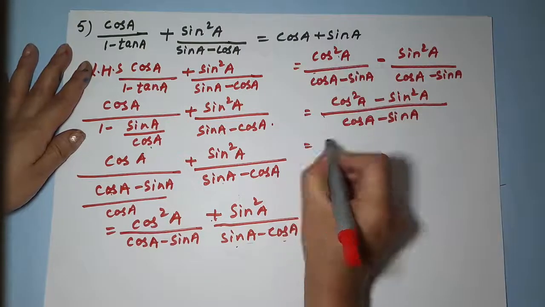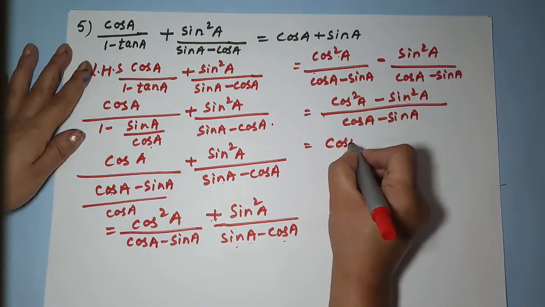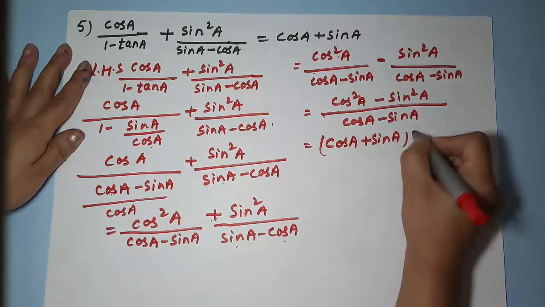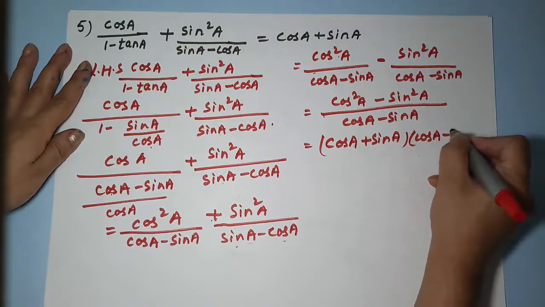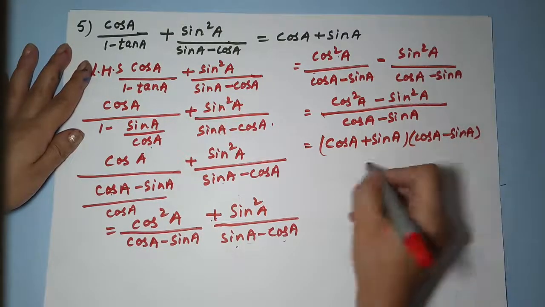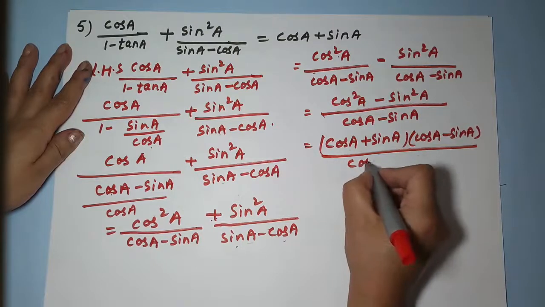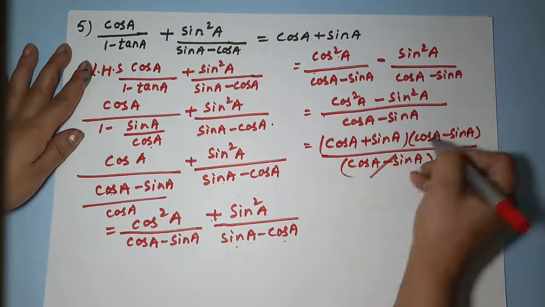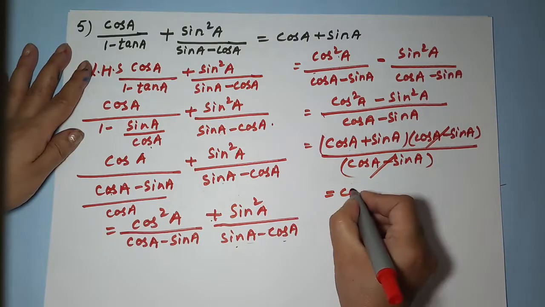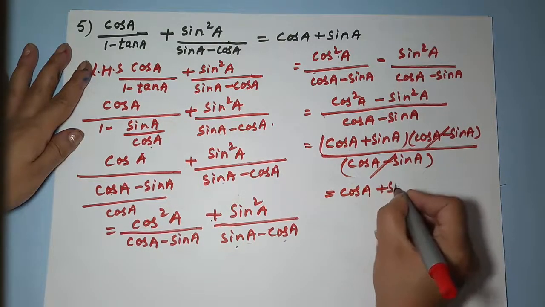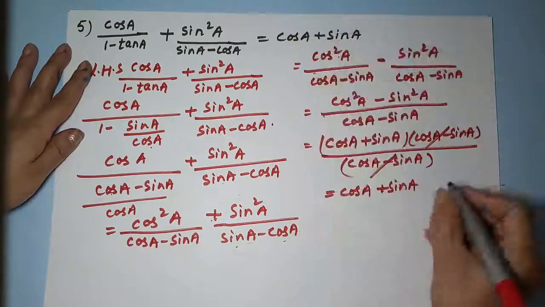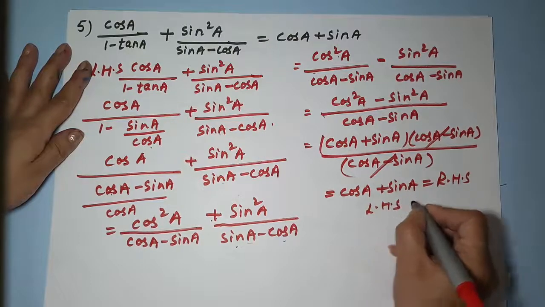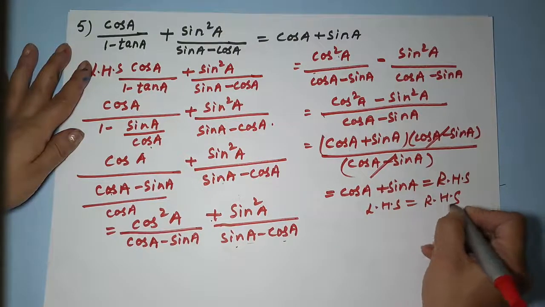This I will further split as cos A plus sine A and cos A minus sine A, that is A plus B into A minus B, divided by cos A minus sine A. Now this and this will go. I am left with cos A plus sine A. Is that my right hand side?